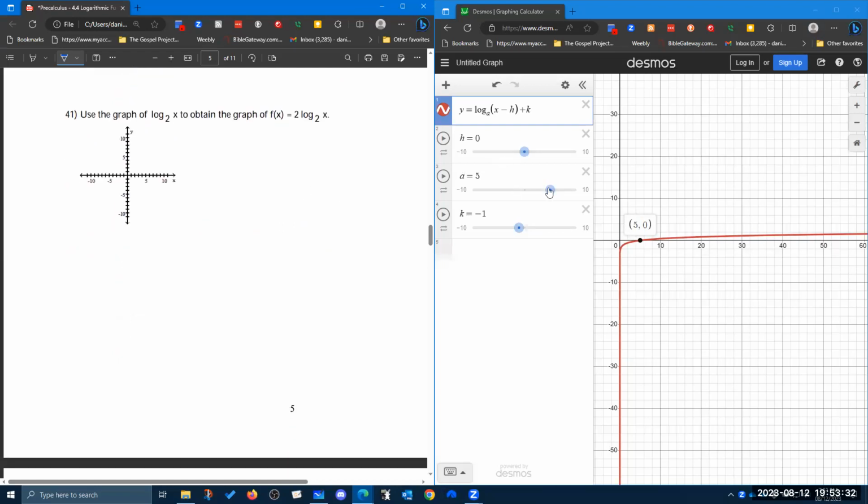Now we want log base 2 of x, and we want 2 times that with no vertical shift and no horizontal shift.